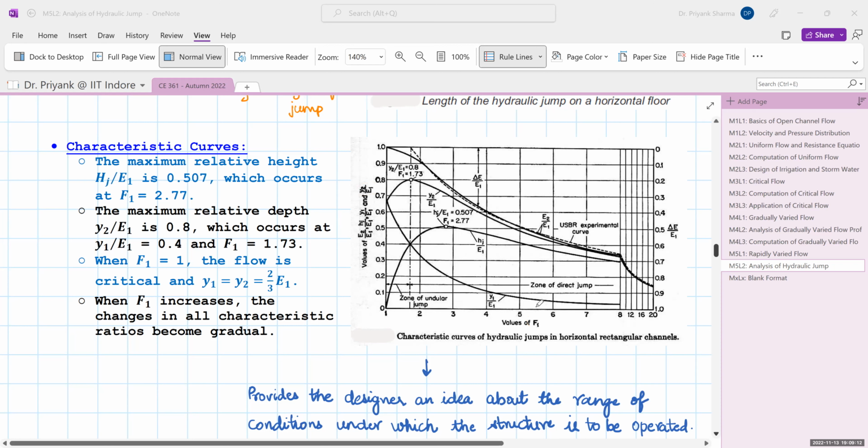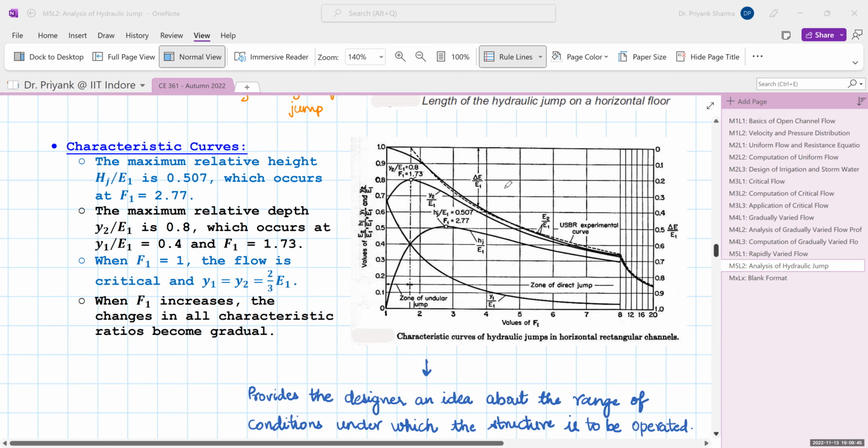If we look at this curve, Y1 by E1 decreases with the increase in Froude number. The curve Hj by E1 increases till a point around a Froude number of 2.77 and then it decreases. Similarly, the curve Y2 by E1 increases till Froude number is 1.73, then it decreases back. And the last curve is E2 by E1.